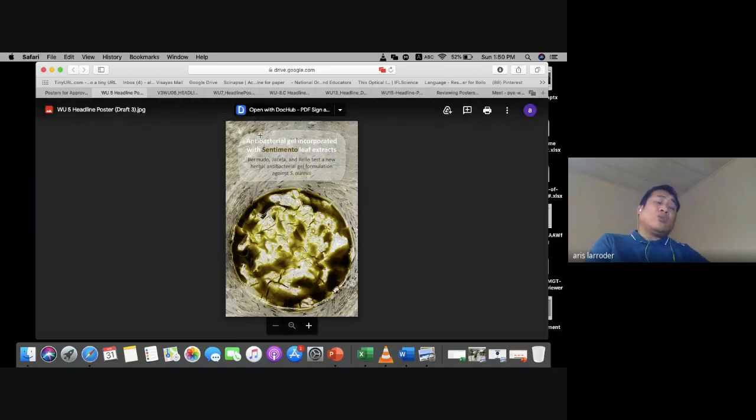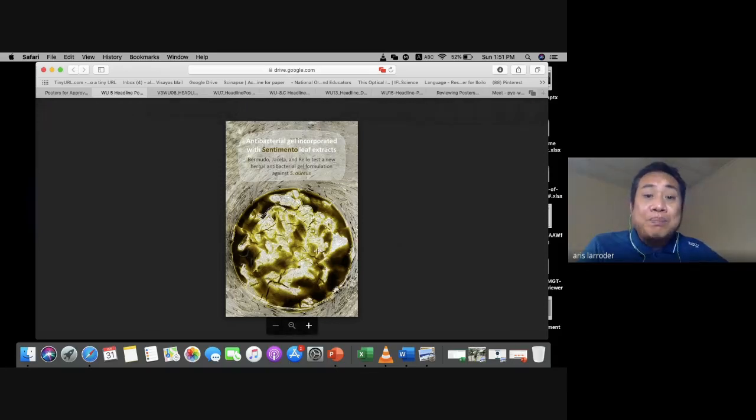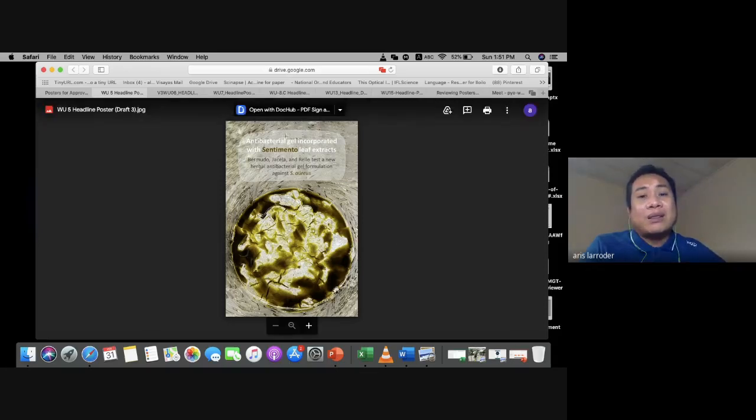I mean, it would be hard for participants to read the text, but I can tell that the image is good, but the color scheme for the text should be improved.